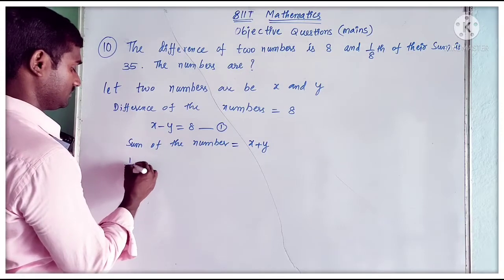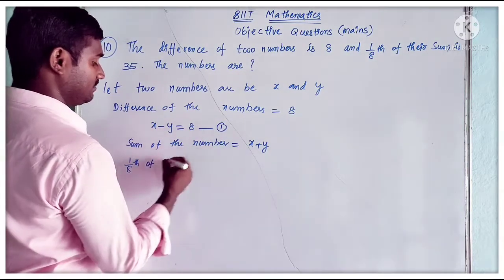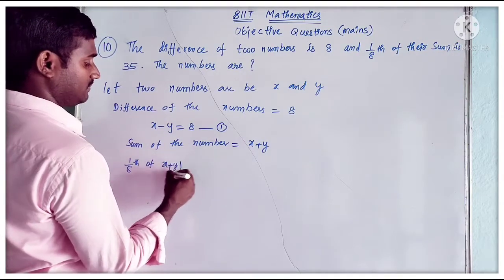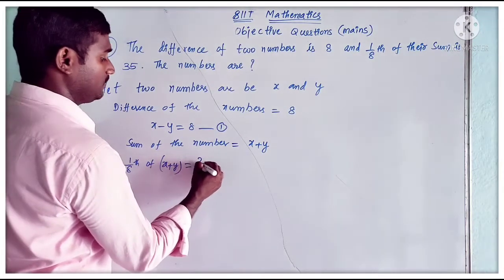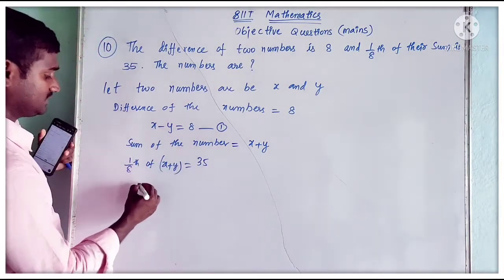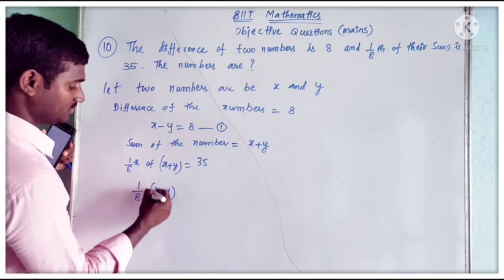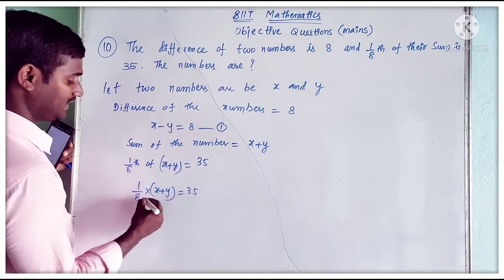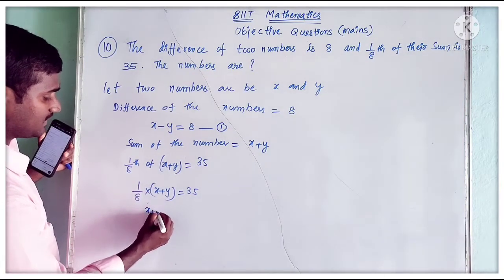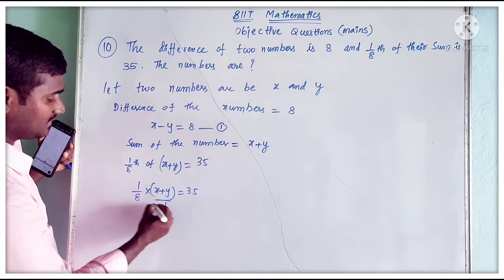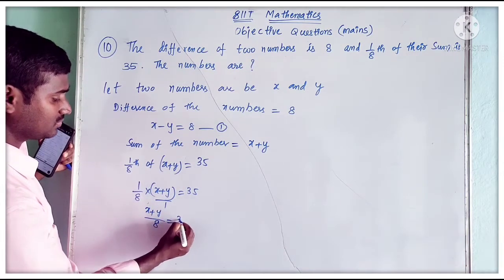1/8 of their sum, 1/8 of x plus y equal to 35. So that is 1/8 into x plus y equal to 35. This 8 with this we can write 1 into x plus y by 8, nothing in the denominator is 1, 8 into 1 is 8, which is equal to 35.